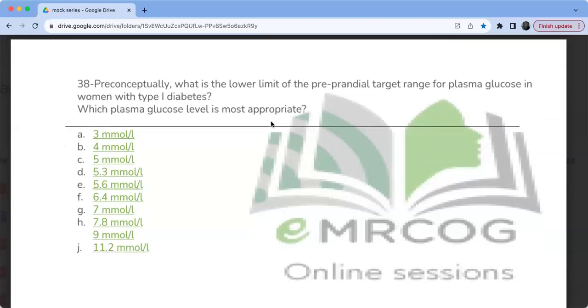In the preconception, what is the lower limit of the preprandial target range of plasma glucose in a woman with type 1 diabetes? Which plasma glucose level is most appropriate?